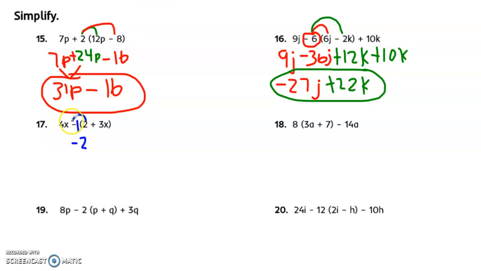And negative 1 times 3x is negative 3x. And then bring our 4x down. So we have 4x minus 2 minus 3x. So we can combine these two groups of x's. So we have 4x minus 3x is just 1x. And then bring down the negative 2.